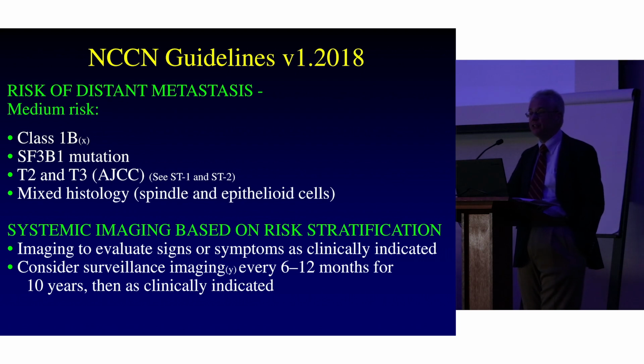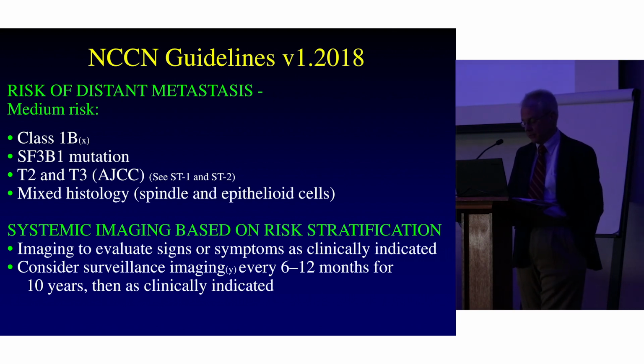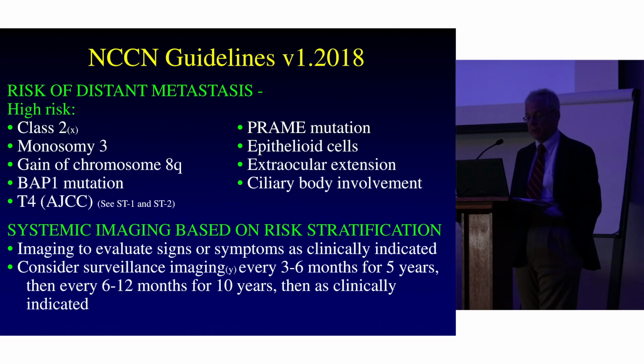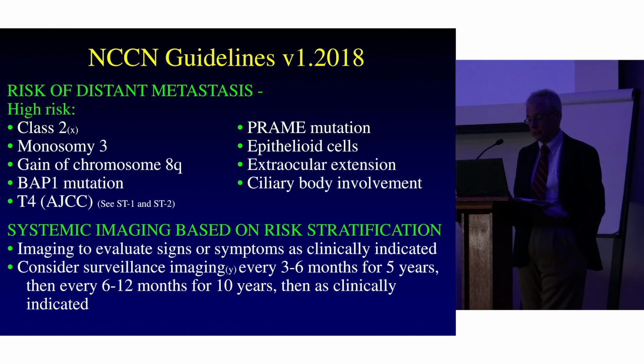This is pretty similar to what we've been doing, but just since someone went and issued guidelines very recently, I think these just came out actually in March, it's reasonable to discuss with a group like this. High-risk patients, Castle Class 2, Monosomy 3, bigger primary eye tumors, surveillance every 3 to 6 months for 5 years, and then every 6 to 12 months.